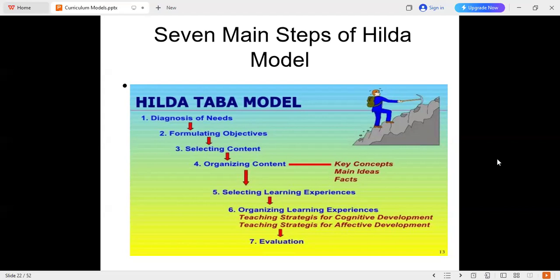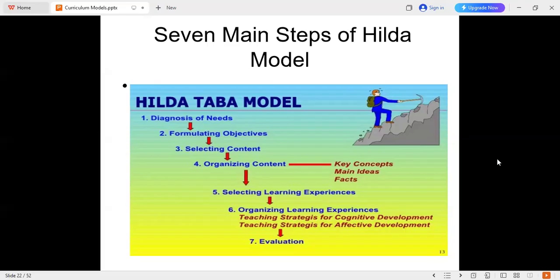She has mentioned two things, not only the cognitive development, the knowledge part, skills part, behavior parts are also included. Then finally, evaluation.